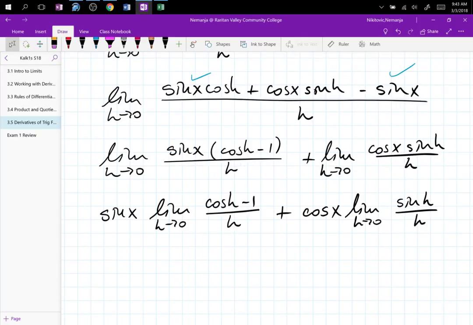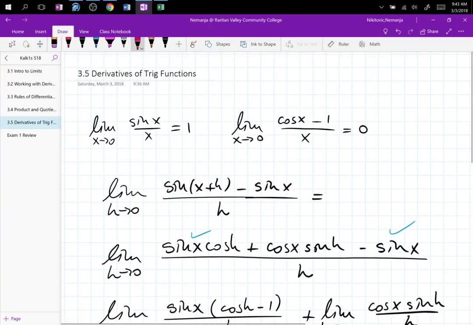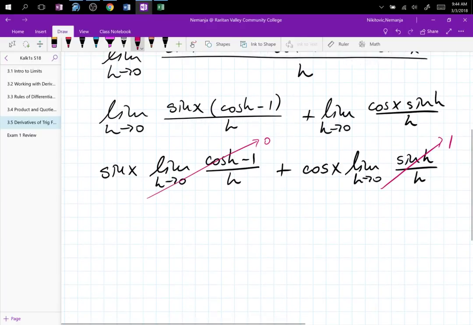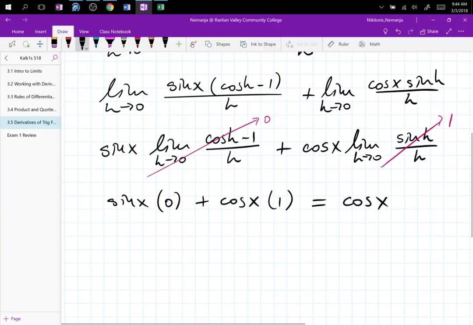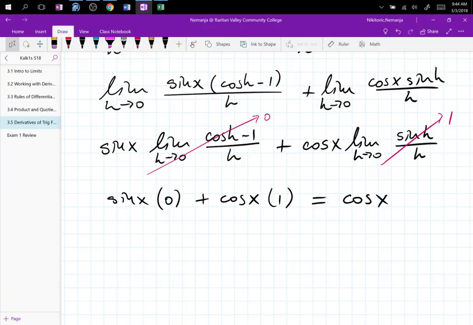Now this limit over here was defined as 0, and this limit over here was defined as 1 on top. So what you actually get is sine x times 0 plus cosine x times 1, and you get cosine x. So what we got from this calculation is that the derivative of sine x is cosine x.